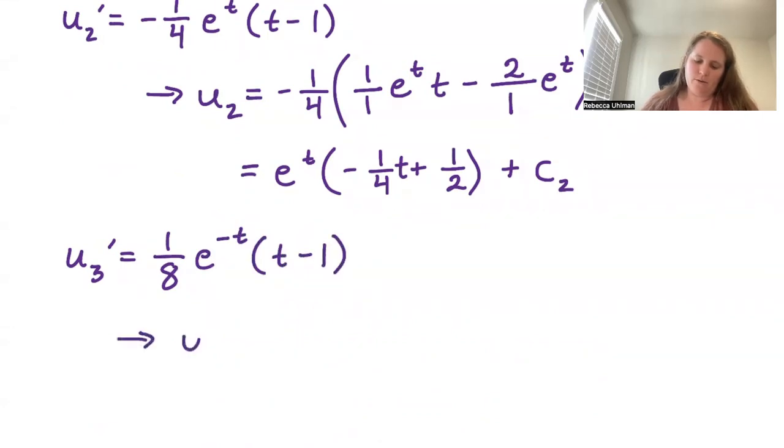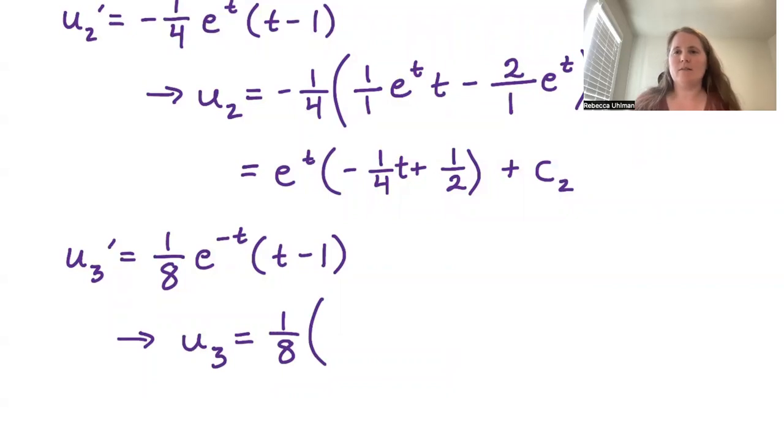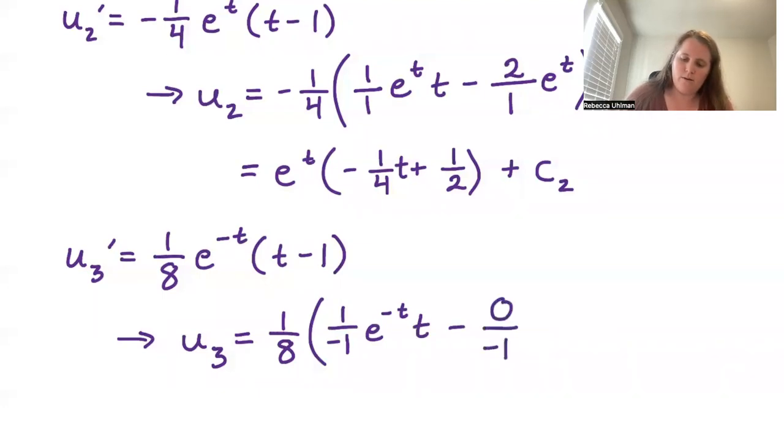This gives us that u3 should be equal to 1/8 times 1 over alpha, in this case alpha is -1, so 1 over -1 e to the -t times t, minus alpha plus 1, which is just -1 plus 1, is 0 over -1 e to the -t, and then all of this plus c3.